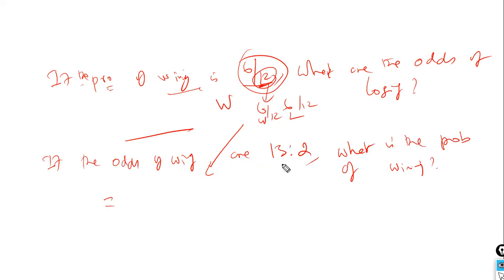I will give you one clue. The first one, just before the colon, is your winning, and this is your losing. Now understand the question. If the odds of winning are 13:2, here the 13 is winning and 2 is losing. What is the probability of winning? You need to tell me in terms of probability.